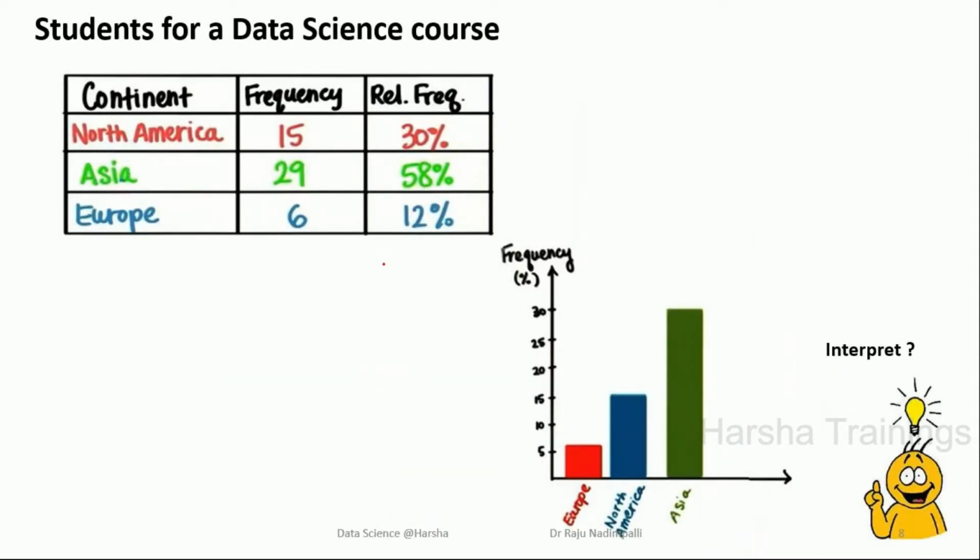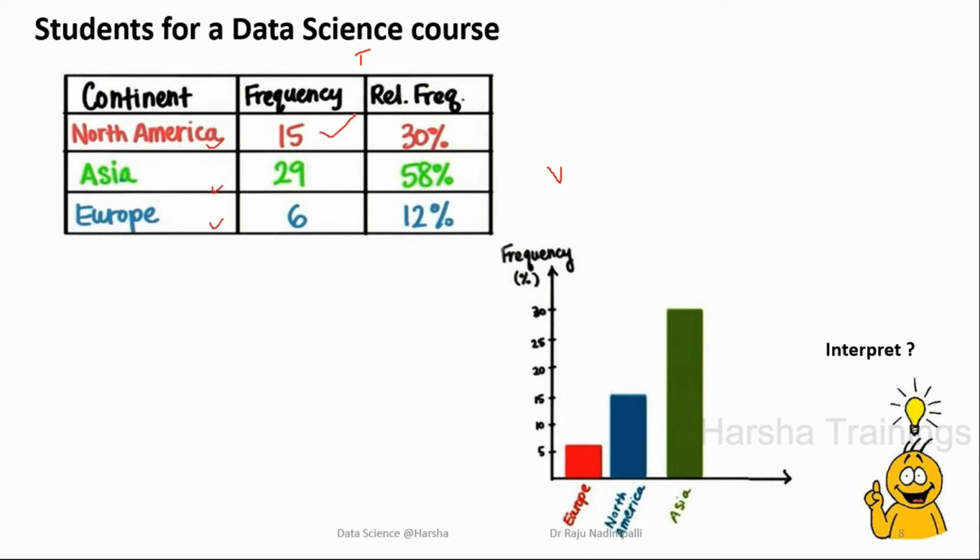As you are aware that you are good in Power BI and Tableau, we have to represent the data in the form of tables or visualizations. Here, I am converting my entire 10 countries into continents: North America, Asia, and Europe.